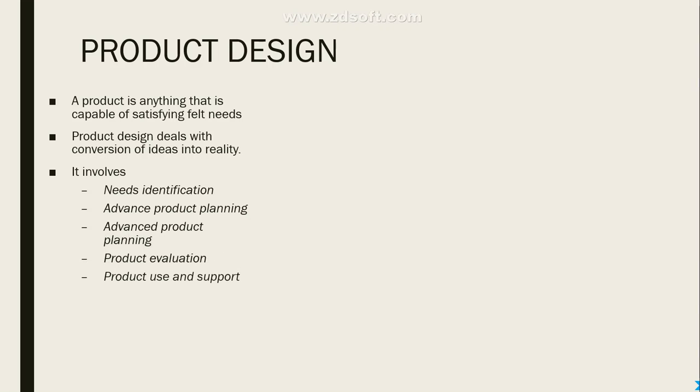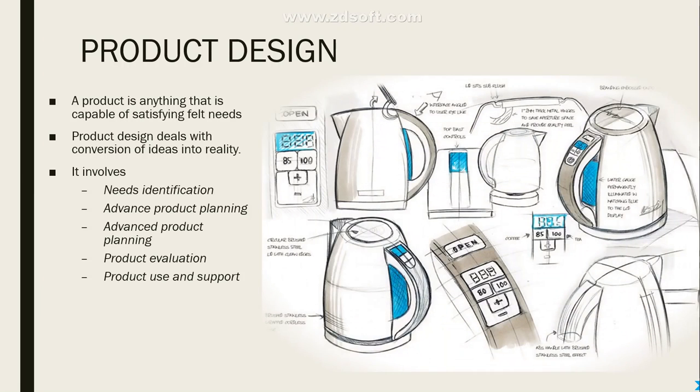Then you will finalize it as the final product for production. Then product use and support: how reliable that product is for your customers, that's the use of the product and the support. How reliable it is to your customers has to be taken into consideration while designing your product.